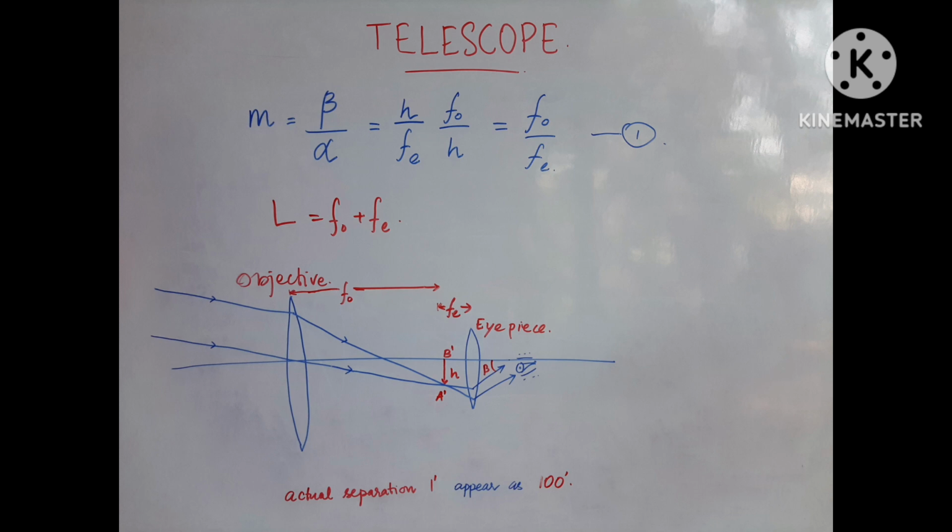The telescope having the maximum diameter, 1.02 meter, is placed at the Yerkes observatory in Wisconsin in the USA.